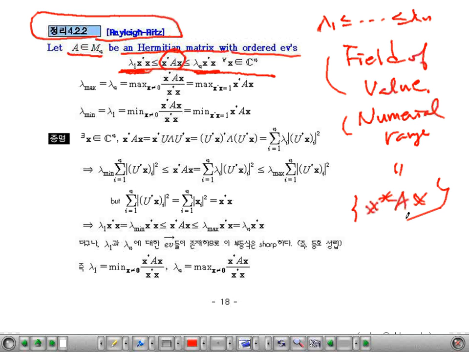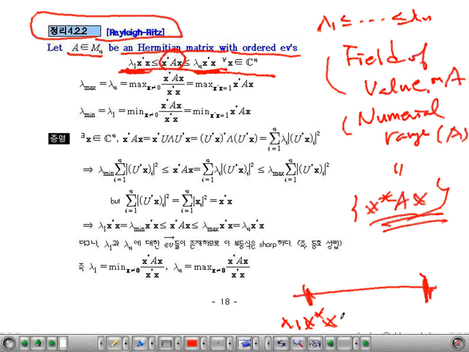This is the range of A, the field of values of A. The interesting thing is that the maximum value is the largest eigenvalue, and the minimum value is the smallest eigenvalue lambda 1. These are real numbers, so there should be a maximum and a minimum. This is what Rayleigh and Ritz found. Very interesting.